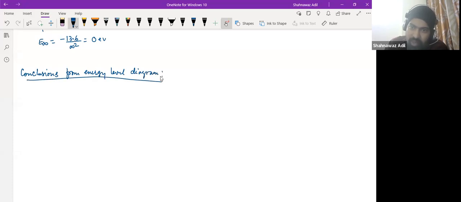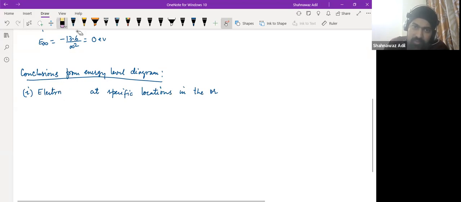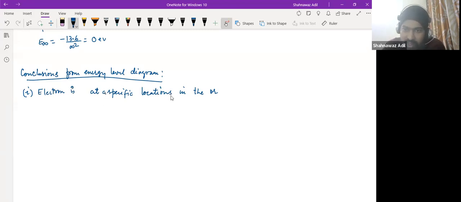So the first conclusion we can make: electrons are at specific locations in the orbits.